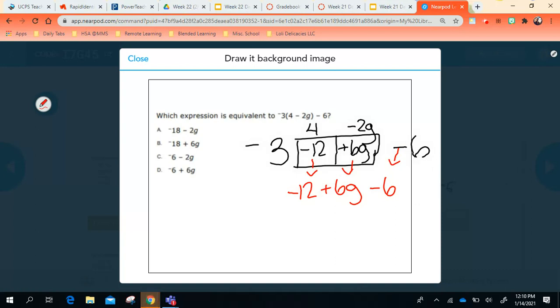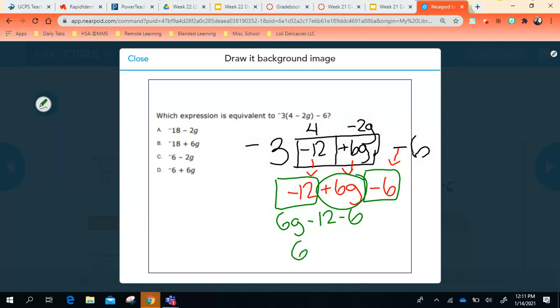So now I'm going to combine like terms. I have positive 6g, and then I have negative 12, negative 6. If it's easier for you, you can just rewrite it as 6g minus 12 minus 6.